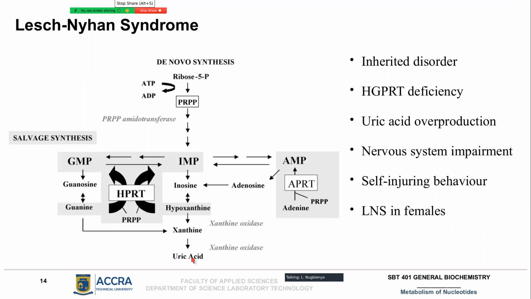So this is sometimes referred to as juvenile gout, because it's an inherited disorder which occurs in a child. And that overproduction of uric acid can have serious effects on the nervous system. So you have this nervous system impairment, which can cause some form of mental retardation as well.